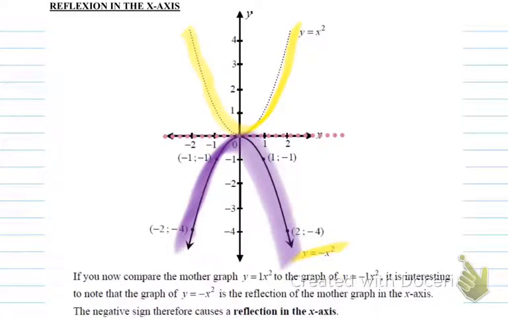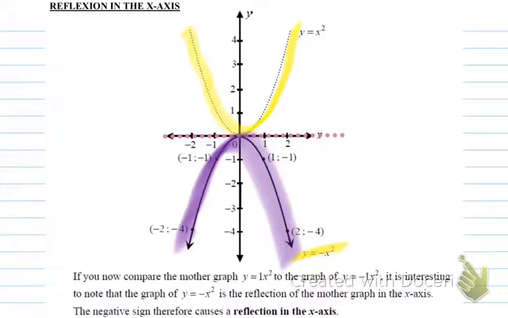So let's just read what it says. If you now compare the mother graph to the graph of y is equal to negative x squared, it's interesting to note that the graph of y is equal to negative x squared is the reflection of the mother graph in the x-axis. The negative sign therefore causes a reflection in the x-axis.